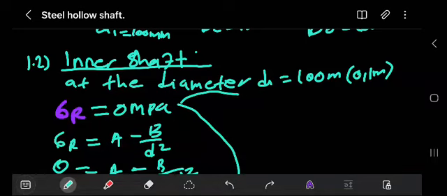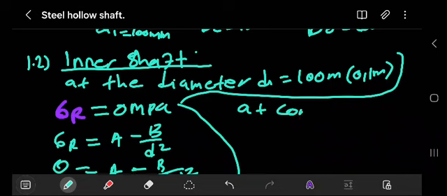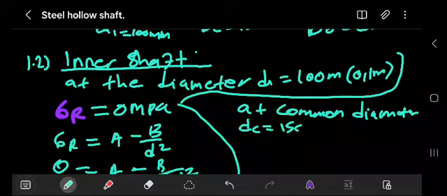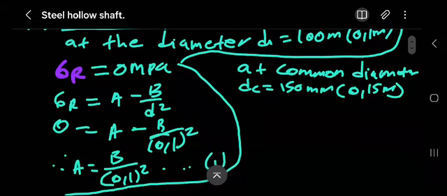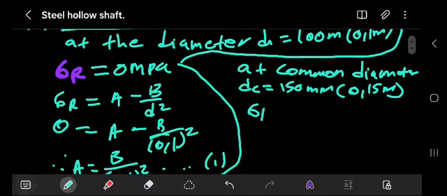Now let me add the common diameter. The diameter there is 150 millimeter, which is the same as 0.15 meter. What do we know? The radial stress there that we've calculated is minus 20 megapascal.